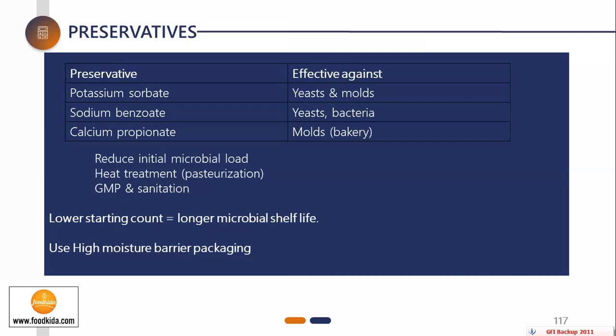Now, here is my question. If you are claiming that you're going to develop a product with no preservatives, zero artificial preservatives, then what will you do? You can have hot fill, you can have a retort product. Most of the time, look at Heinz ketchup.